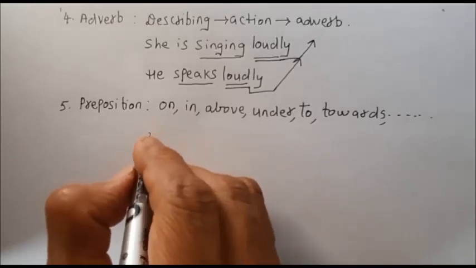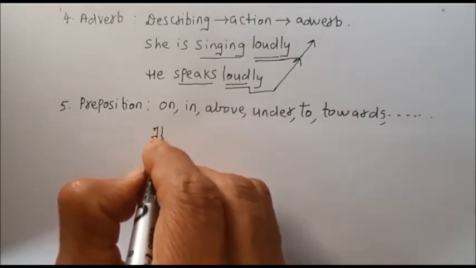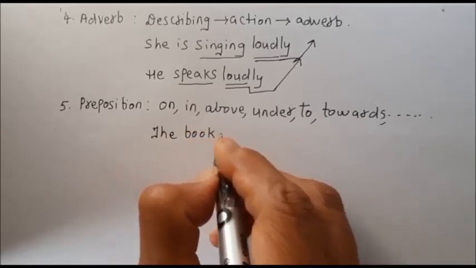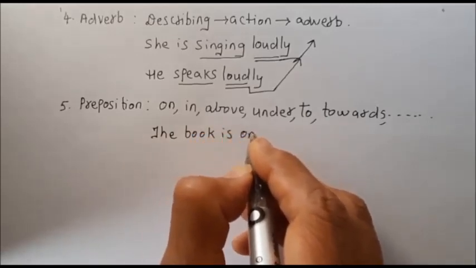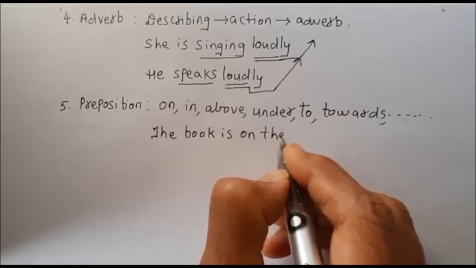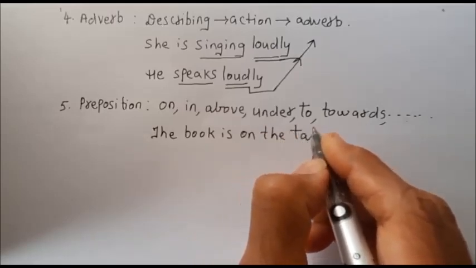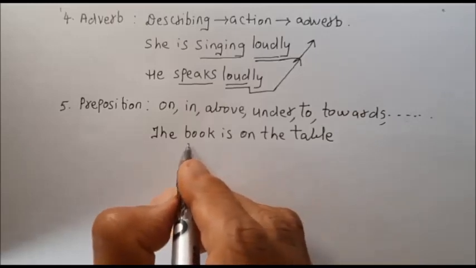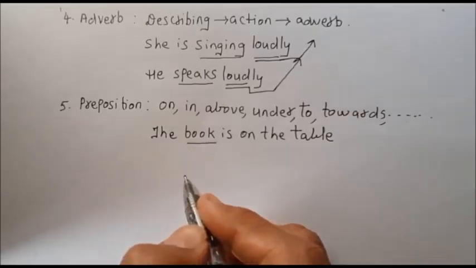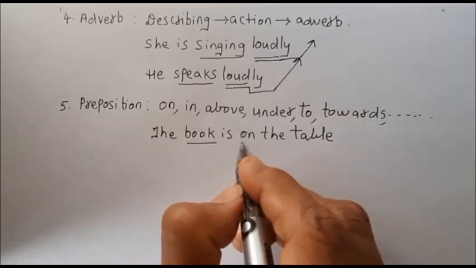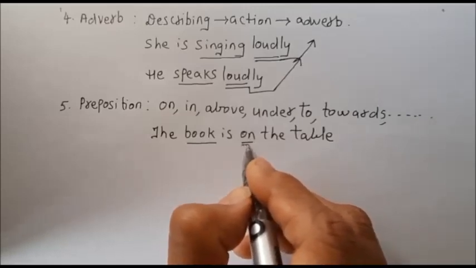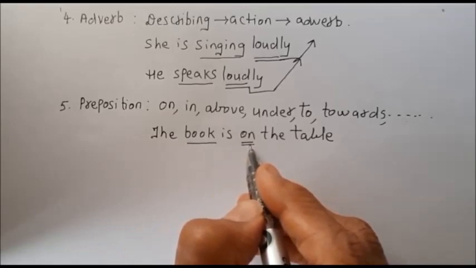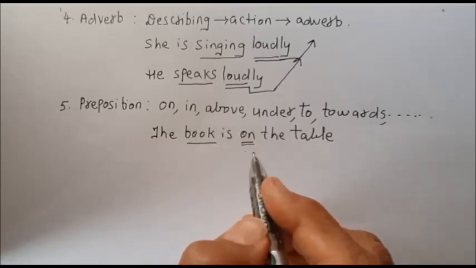Let us take one example. The book is on the table. Now when I say it is on the table, we have to see the position of this noun. Where is it? It is on. So this on is the position of the noun. So we term it as a preposition.